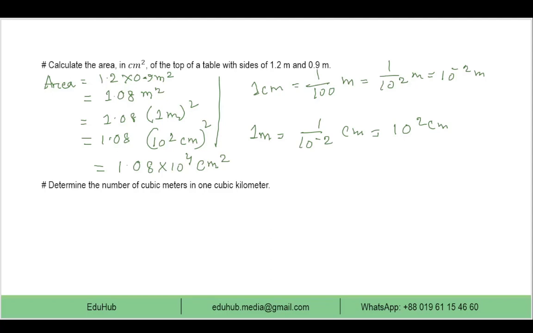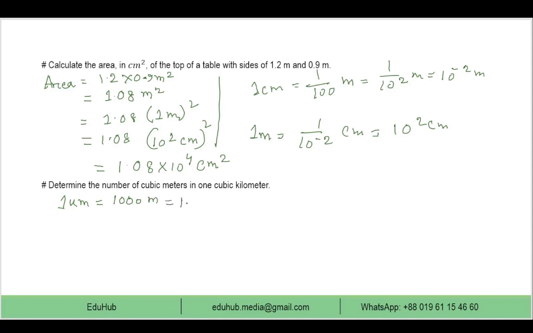So our next problem is determine the number of cubic meters in 1 cubic kilometer. At first we need to know what is 1 kilometer. Kilometer is a multiple of meter, which is 1000 times larger than meter.